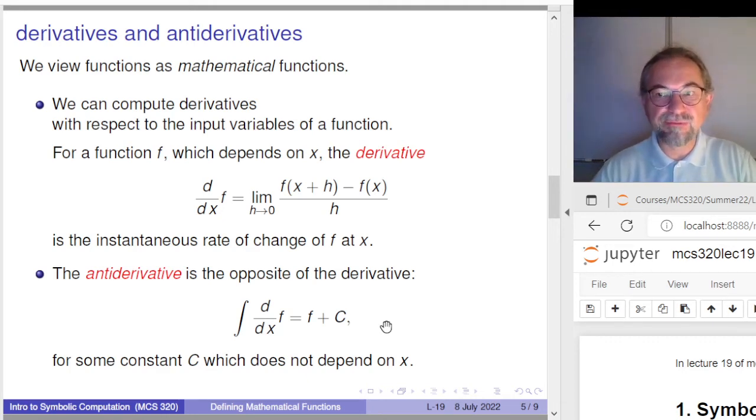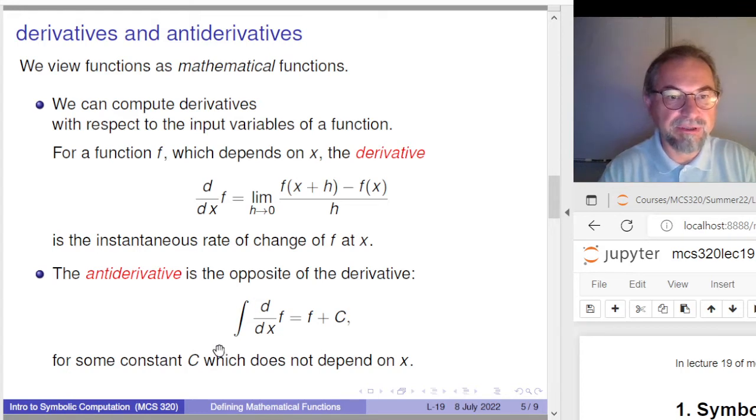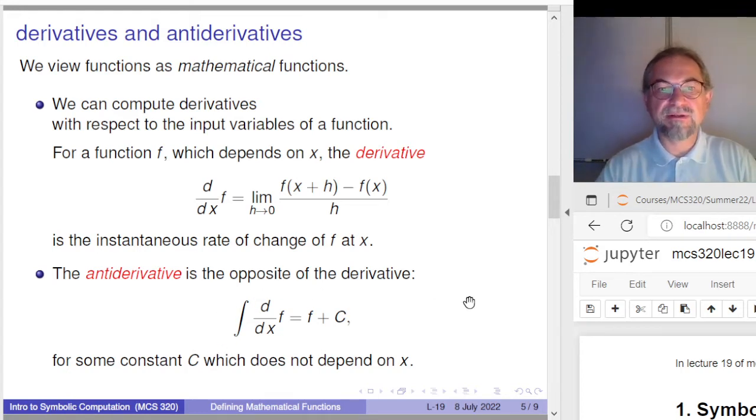The antiderivative is very useful when one computes areas. There's also a very natural geometric interpretation of this, and this integral symbol can be seen also as a limit, as a stretched sum symbol.